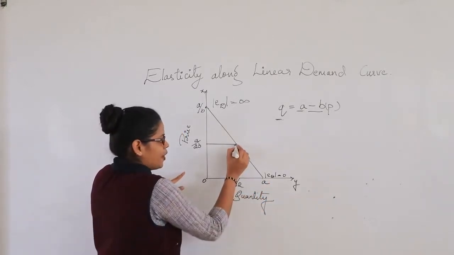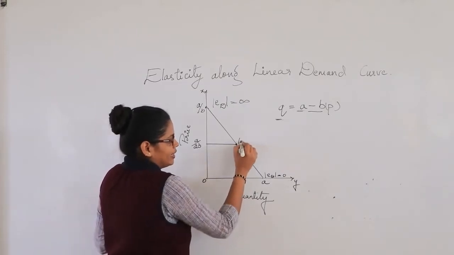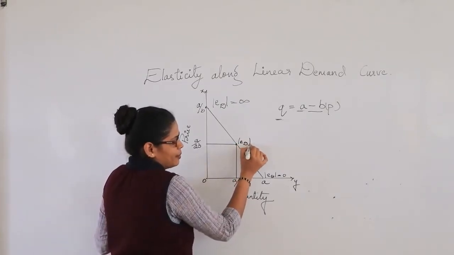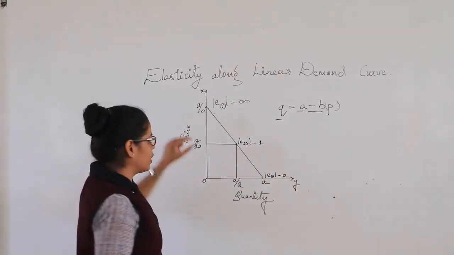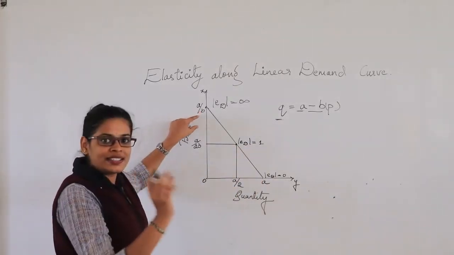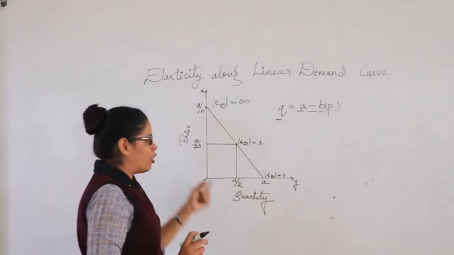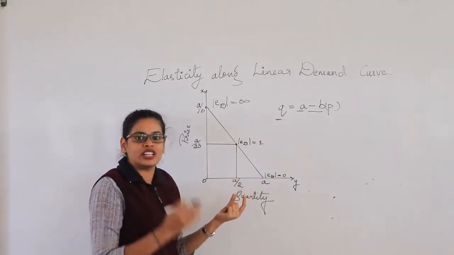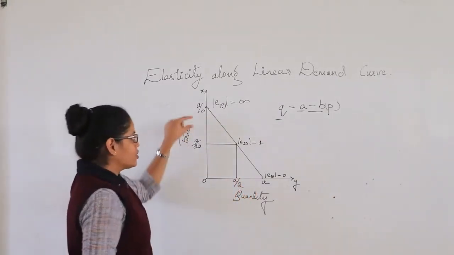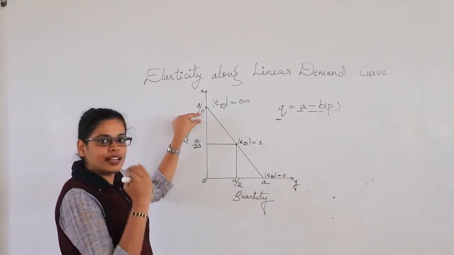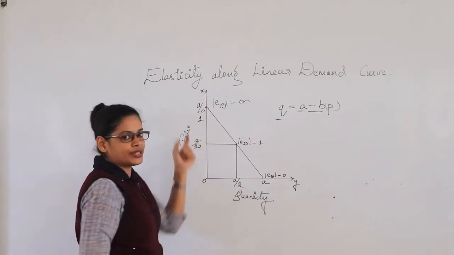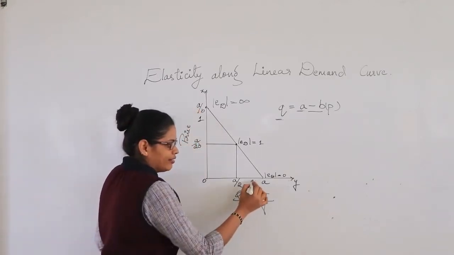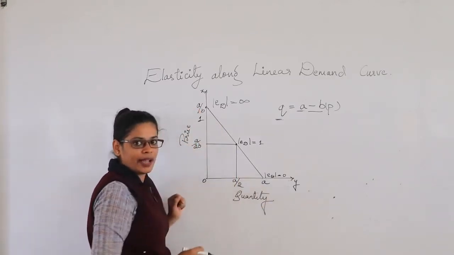And this is the point where the elasticity of demand is equal to 1. Why is it 1? Because the same percentage change in the price also leads to the same percentage change in the quantity. For example, if the price is reduced by 1, the quantity will also be increased by 1.